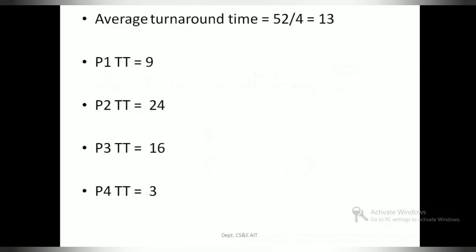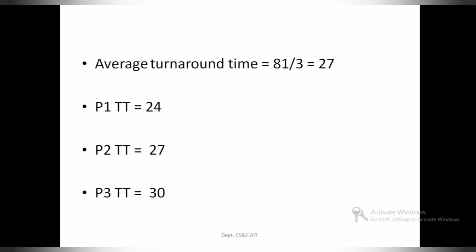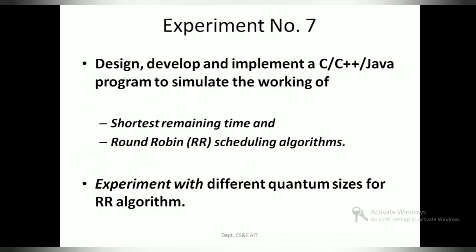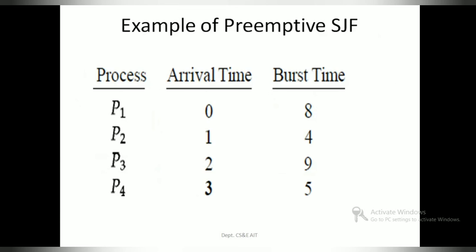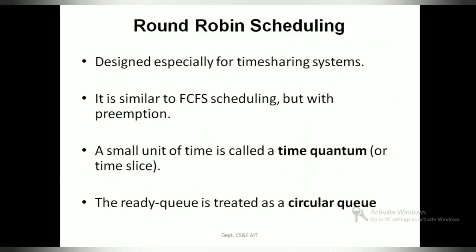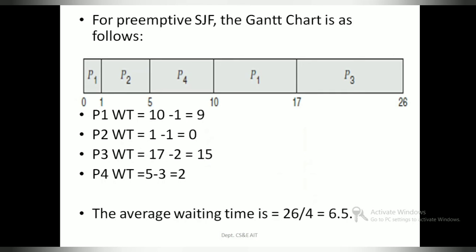Now, to implement and execute, what you are expected to implement is in the experiment test. It is asking for 2 scheduling algorithms, that is shortest remaining time first and round robin. So what is the data structure, what are the considerations that you need to make?